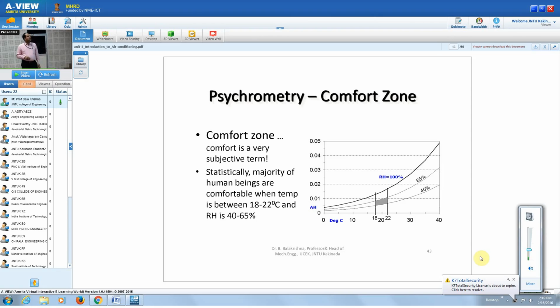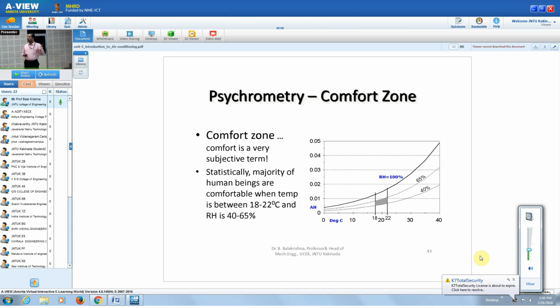The comfort zone is, statistically, majority of the human beings are comfortable when the temperature is between 18 degrees centigrade to 22 degrees centigrade, and the relative humidity is 40 to 65%. This is the comfort zone.